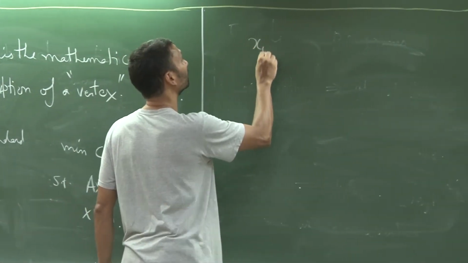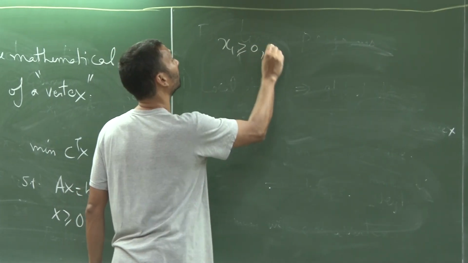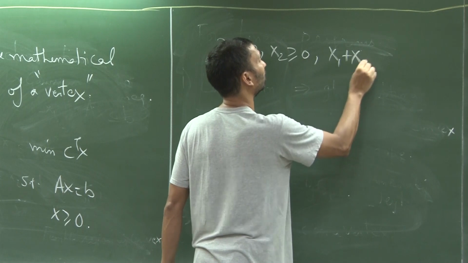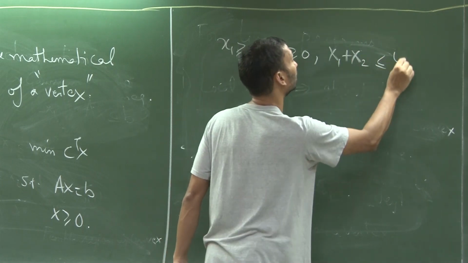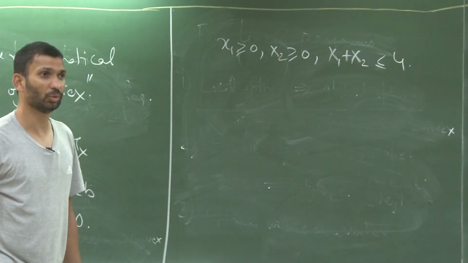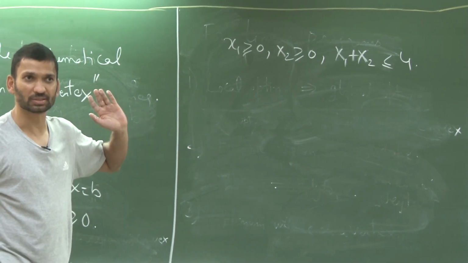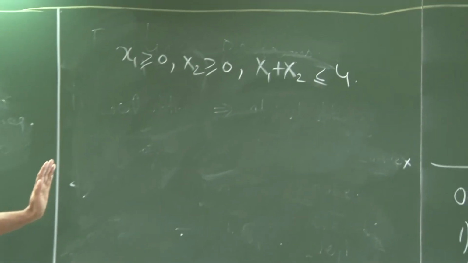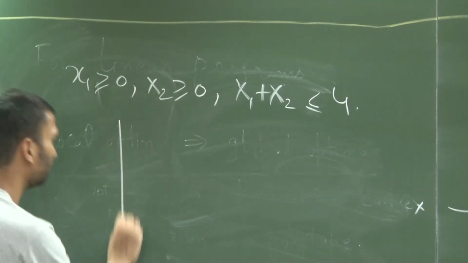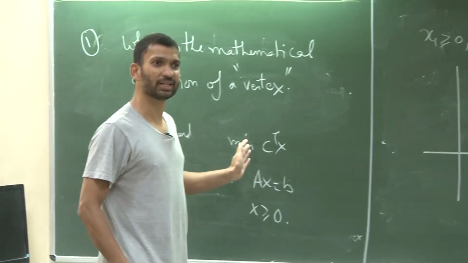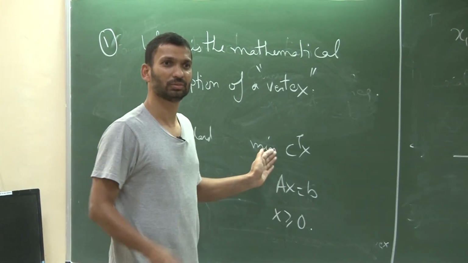So let's say I am interested in this region. Again, optimization and the objective function are none of my concern. I am looking at the feasible region now. That's what I am focusing on. Oh, by the way, before I start, does anyone have a nice description of a vertex? Then we don't need to.